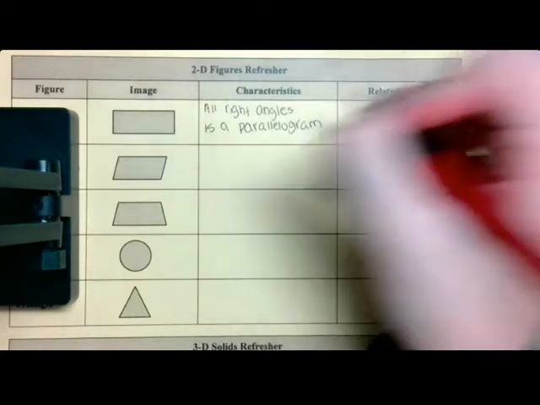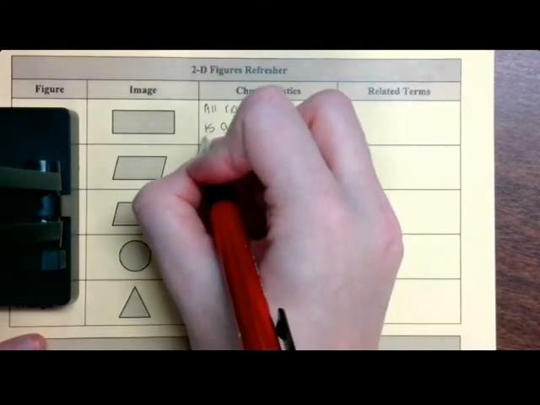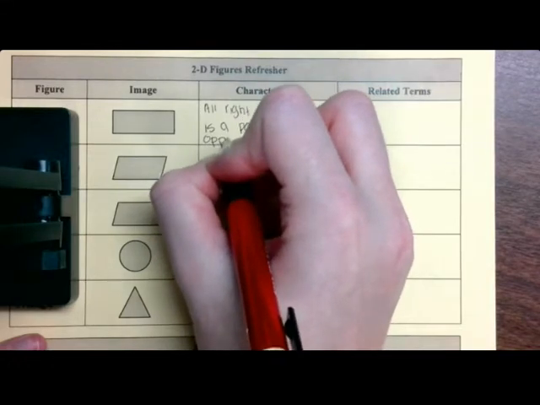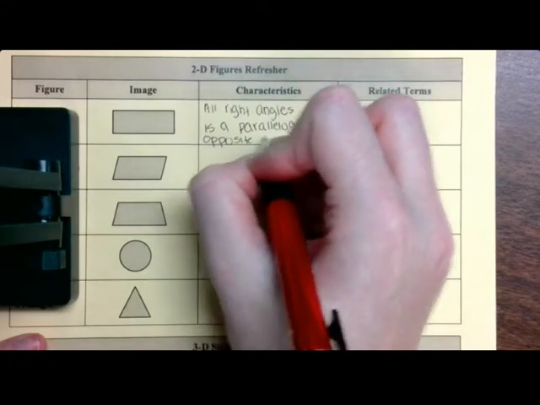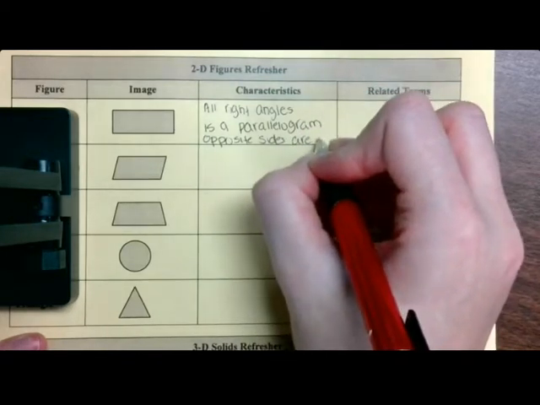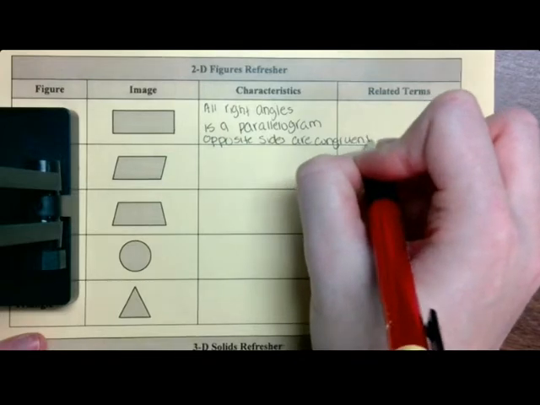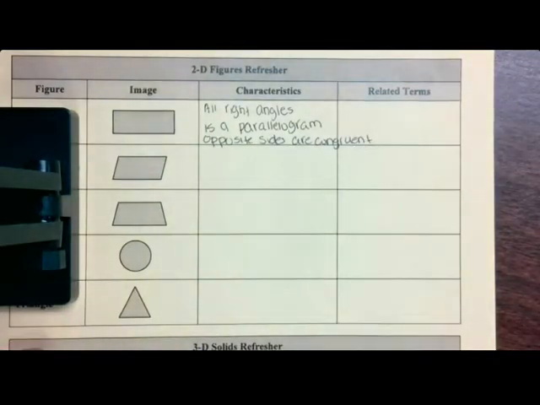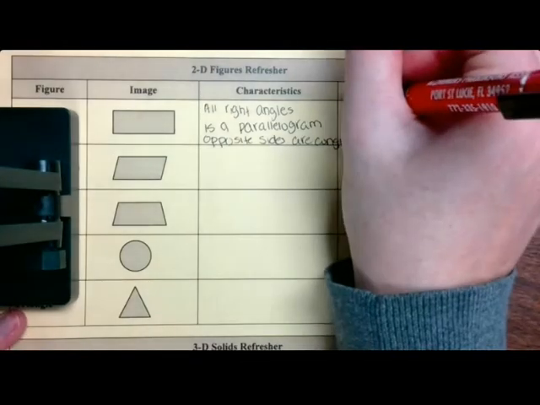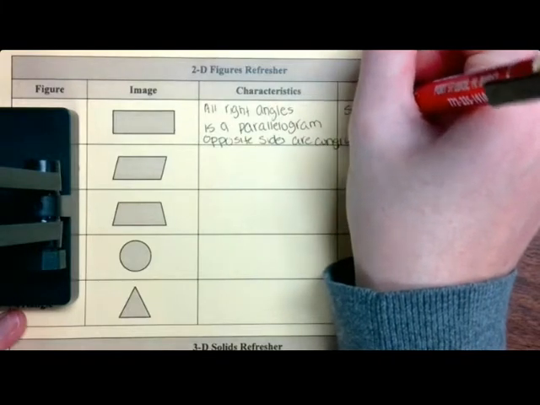okay? The other thing is that opposite sides are congruent. Opposite sides are congruent. Okay? So, the related terms would basically be things like a square.